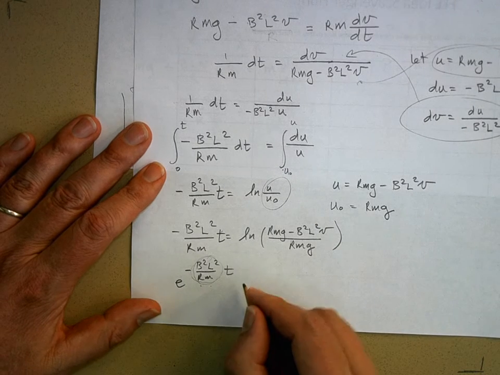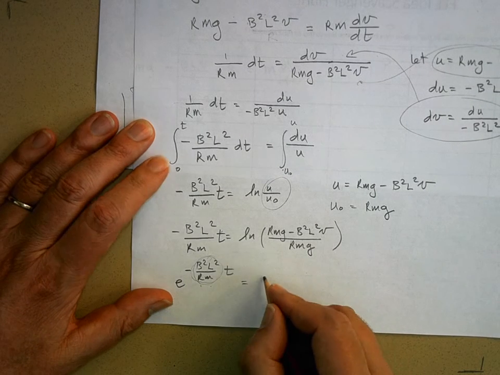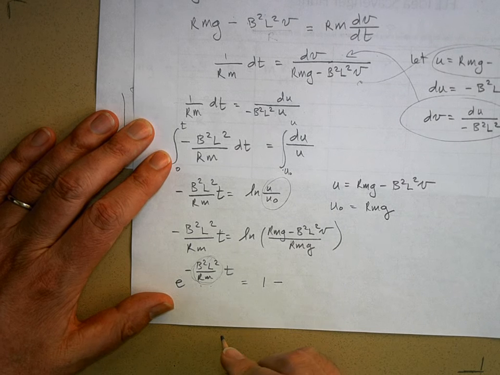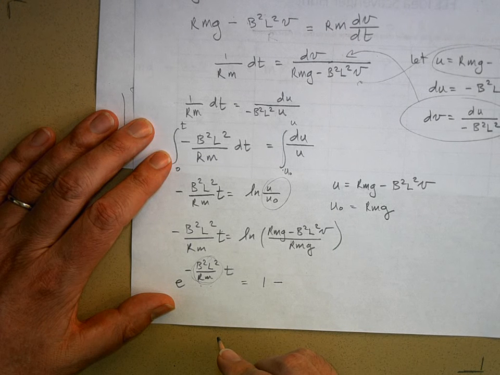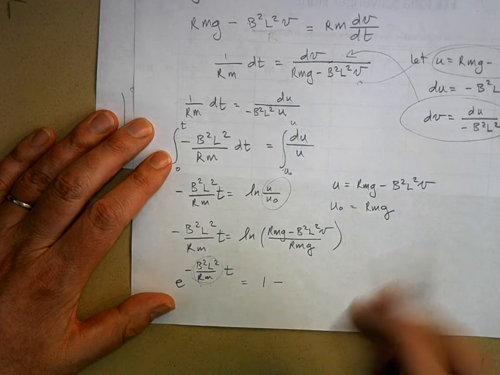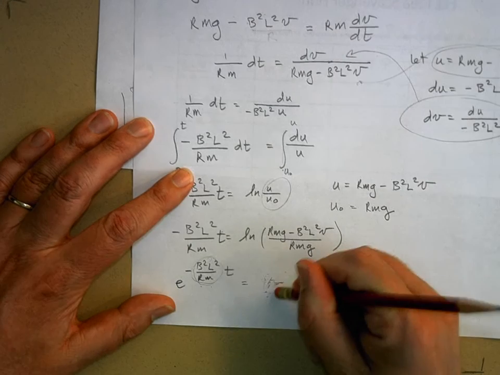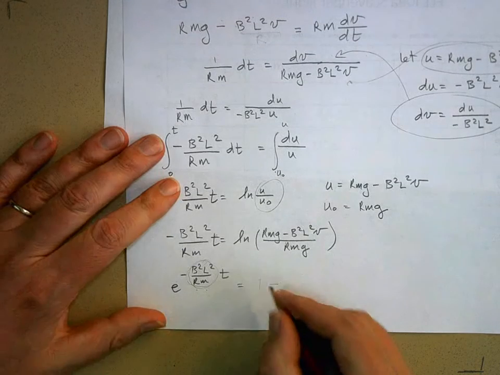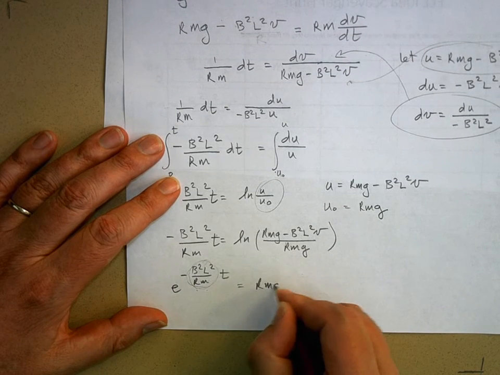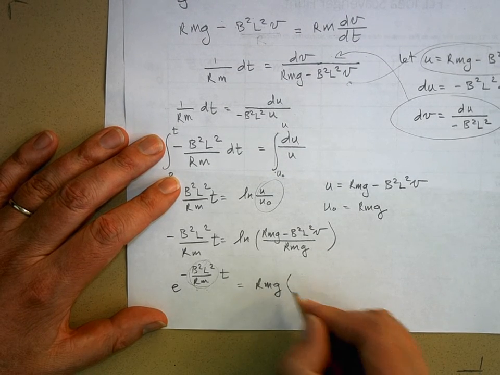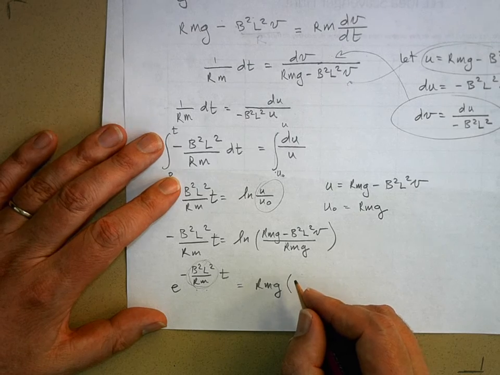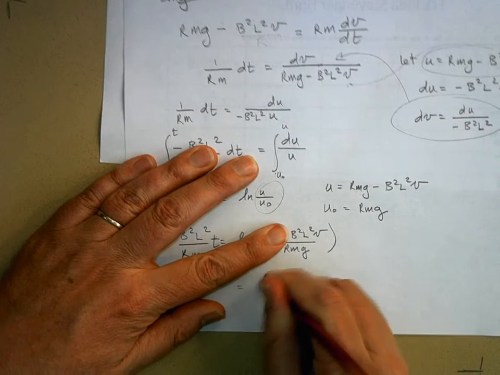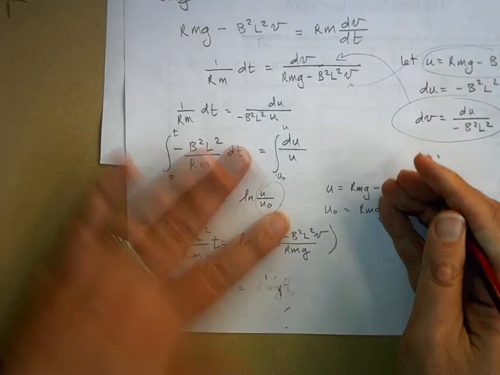And this is going to be equal to 1 minus, it's going to be equal, no. Don't get ahead of yourselves, Blake. It's going to be equal to rmg. No, doggone it. Hold on. Sorry. This happens when I try to rush. You just get rid of the natural log.